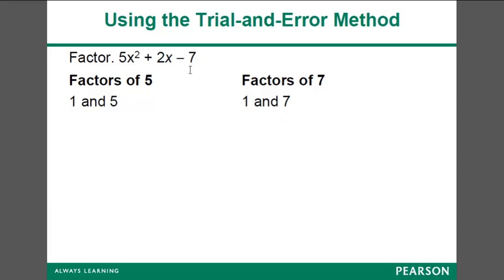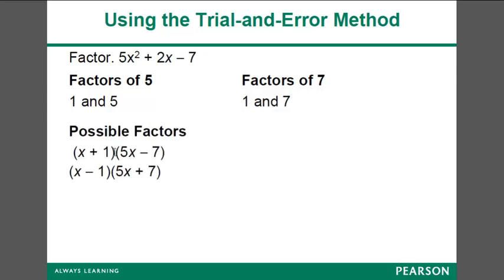Now remember that I have to have one be positive and one be negative, since my 7 is negative. So I'm going to try x plus 5x, and I'll do positive 1, negative 7, and I'll have a negative 1 and a positive 7.